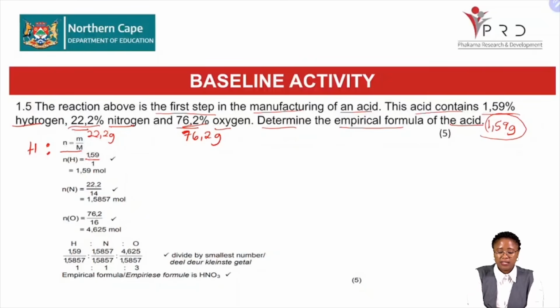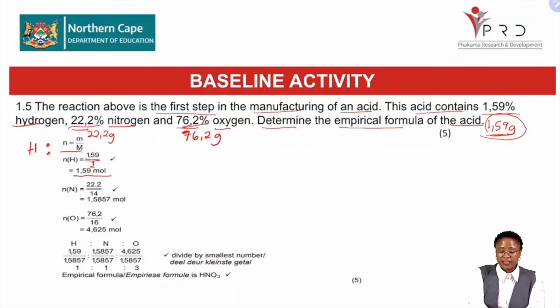Under the mass we have the 1.59, which is the mass that I've converted from the percentage. We divide it by 1, because the molar mass of hydrogen on the periodic table is 1. Then you punch that into your calculator. You should get 1.59 mol.